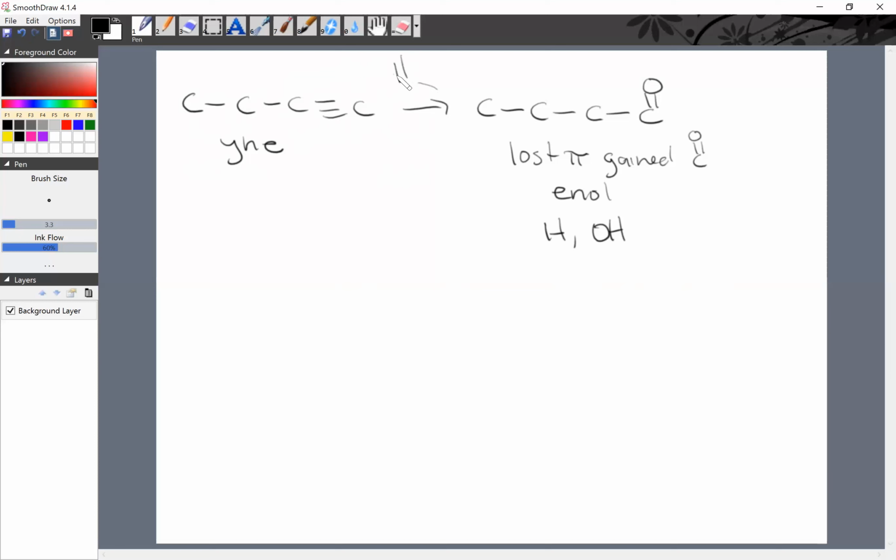Well, I could just do hydration, or I could do hydroboration. And what are the pros and cons for each? Hydration will never give you an aldehyde, it will only give you ketones, whereas hydroboration can give you aldehydes. And in this case, I needed an aldehyde. So you can't do hydration, you have to do hydroboration. Compare and contrast.